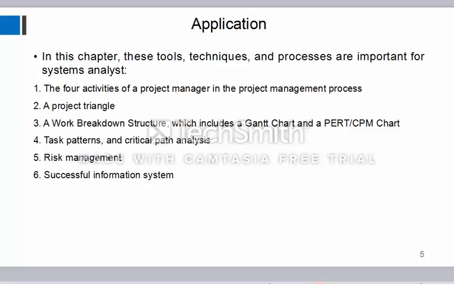In this chapter, I learned a lot of tools, techniques, and processes which are important for a system analyst.